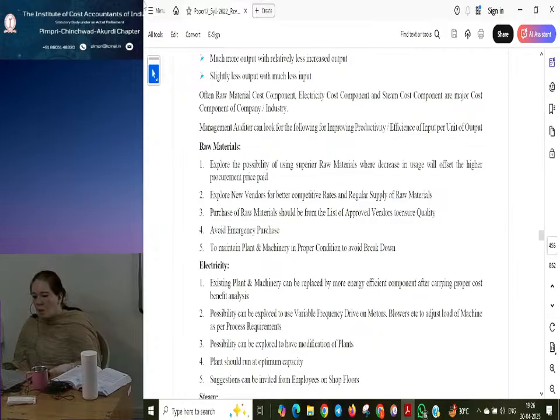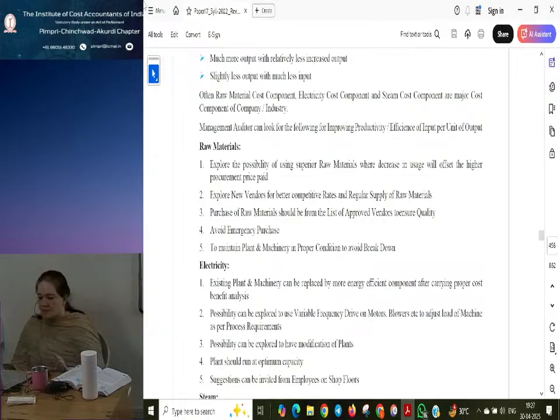Then coming to avoiding emergency purchases, that is, proper inventory management is important, like having EOQ in place, that is economic order quantity, and having a safe level of safety stocks in place, and avoiding any emergency purchase, because in case of emergency purchase you are not there to decide about the prices. So taking advantage of your situation, higher prices could be quoted. Okay, and maintain plant and machinery in proper condition in order to avoid breakdown.